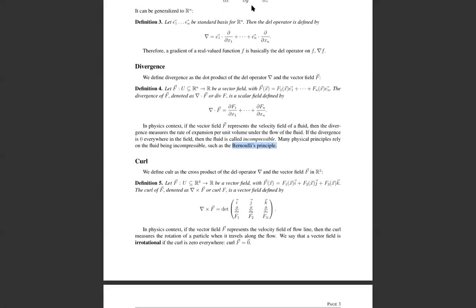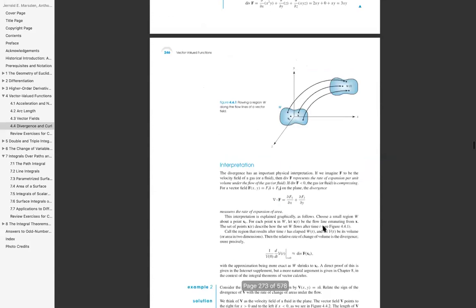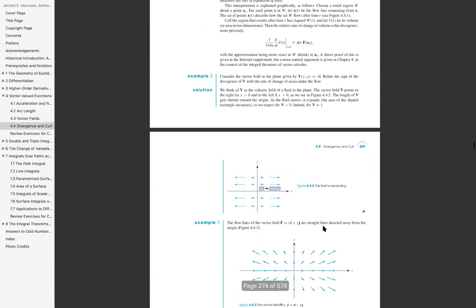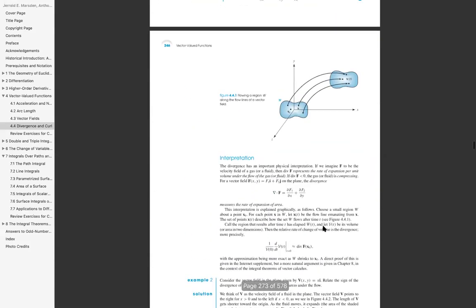For such an incompressible fluid, it's not here.